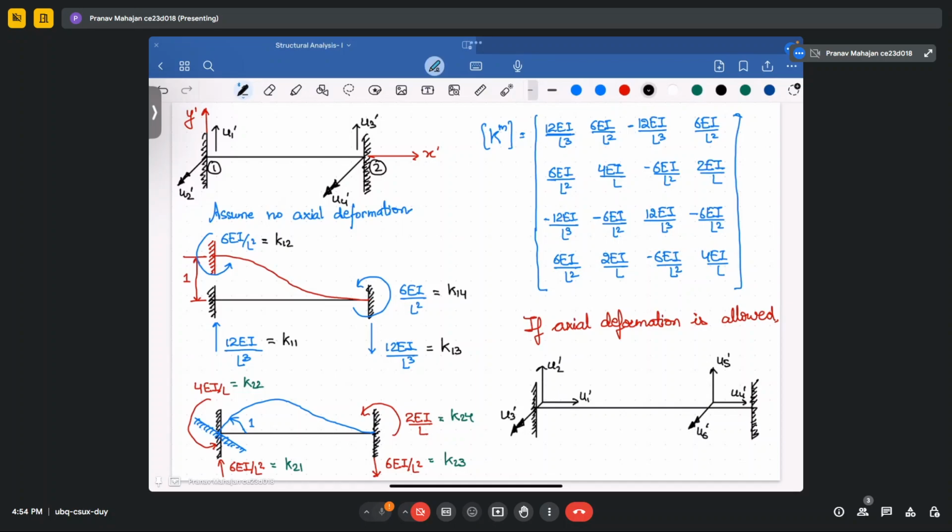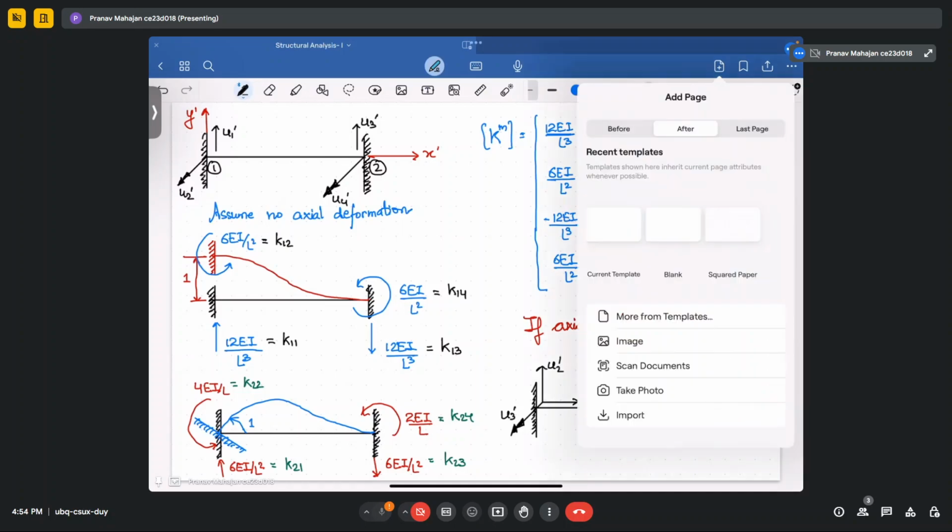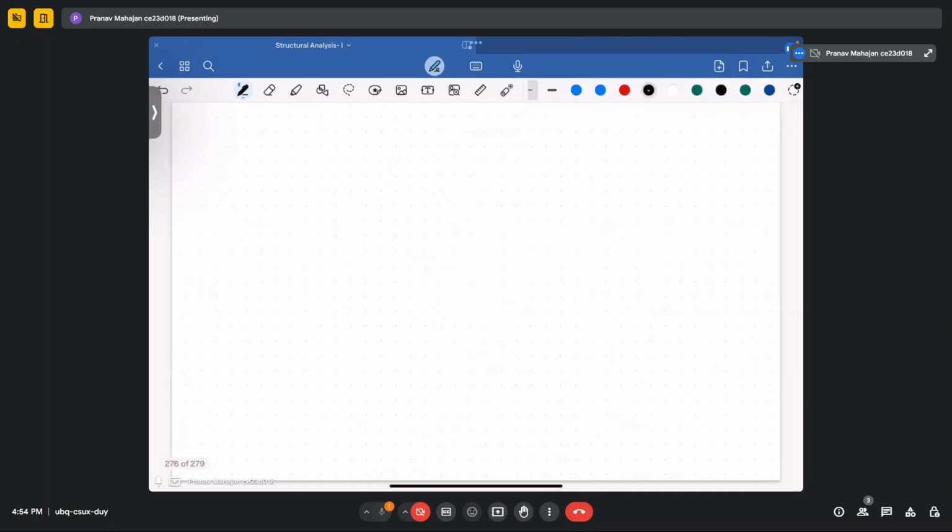Okay. So what you can do, you can decouple them and write it into two parts. So you can solve for the beam bending separately, like the previous thing we have already seen for beam bending.